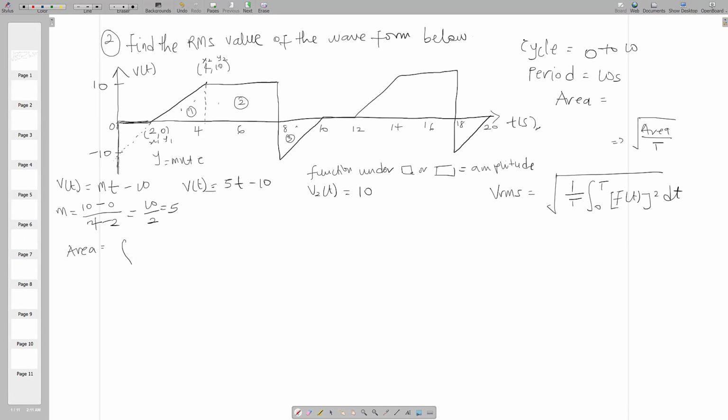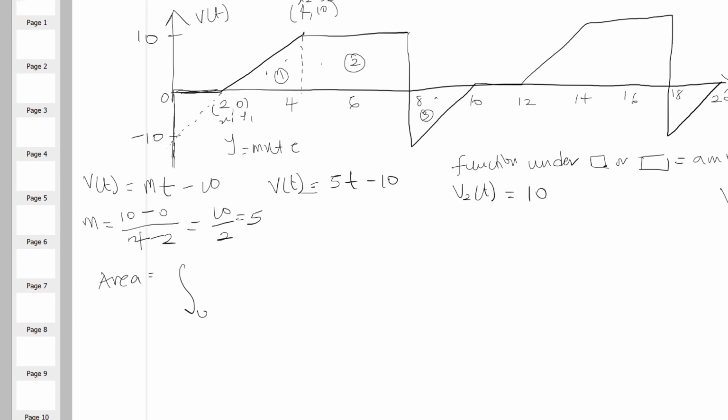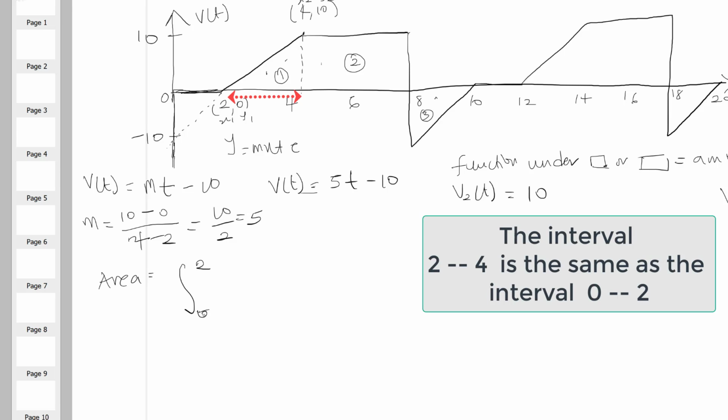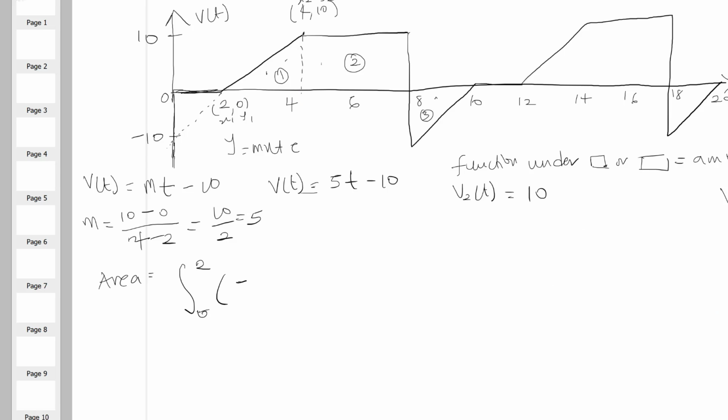For the sawtooth, we will integrate from 0 to 2, because from 2 to 4 the distance is 2, so I can make it 0 to 2. And then the function under the sawtooth was 5t minus 10. But in finding VRMS, we square the function dt.